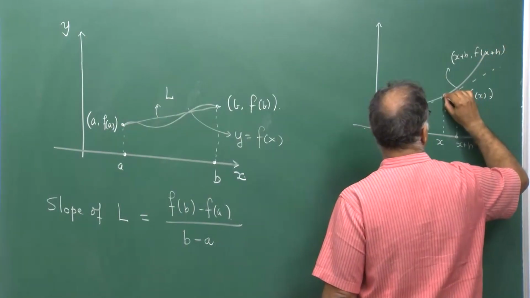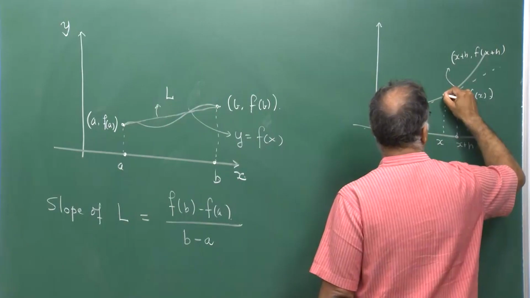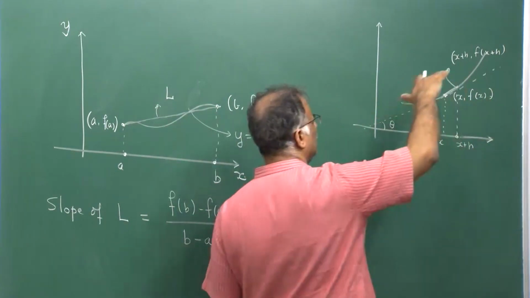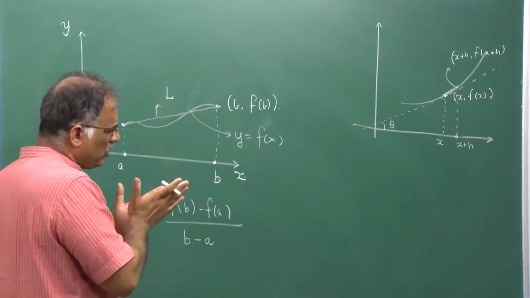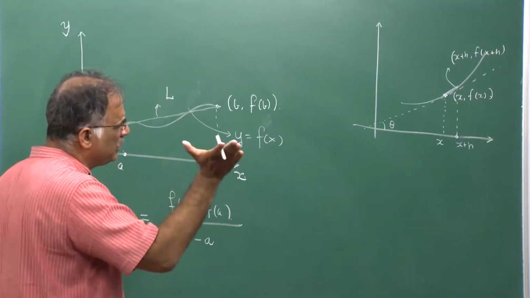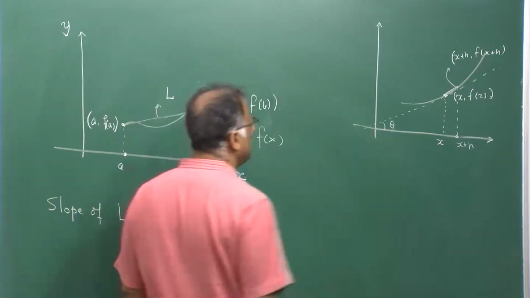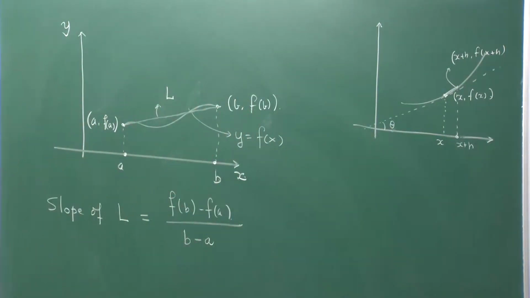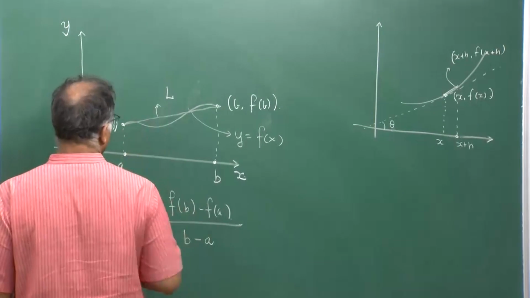So, basically you take two points and look at the secant joining them, the chord. As you make h smaller, the chord finally aligns with the tangent, and hence in the limiting case the slope of the tangent at the point (x, f(x)) becomes the derivative. So, here the slope of the line L is as above.